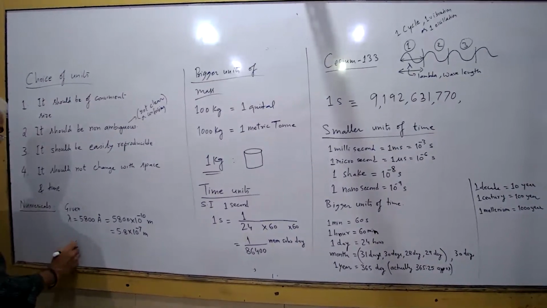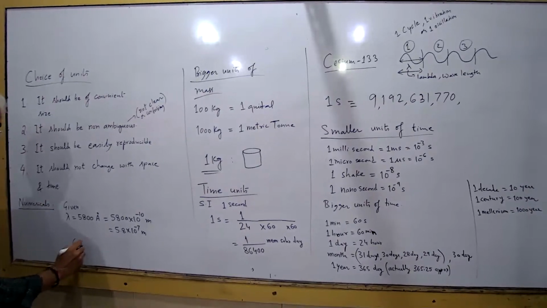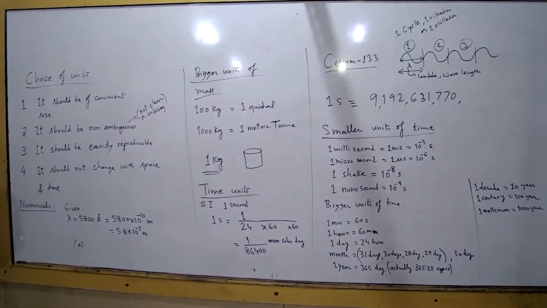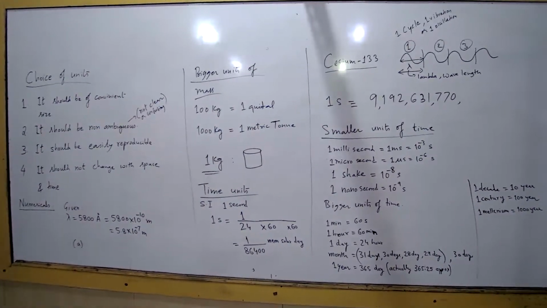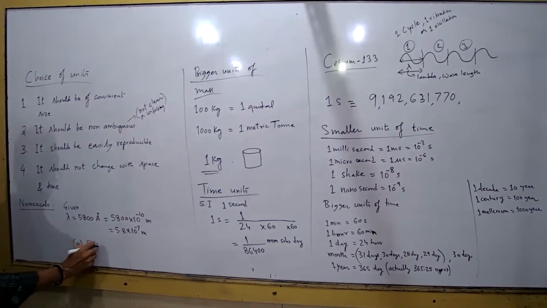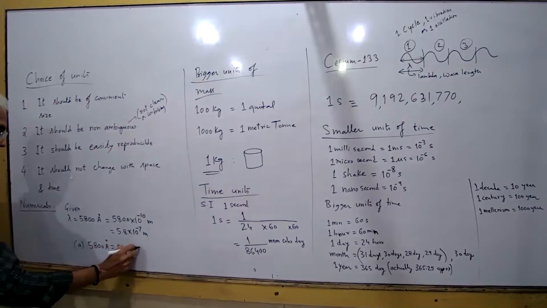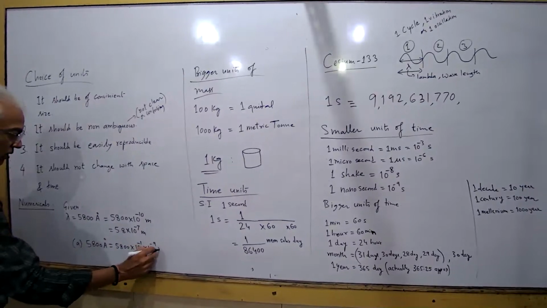Okay. So in part A, you have to express it as nanometer. So what is a nanometer? 10 raised to minus 9. So you can just separate it. So since 5800 angstrom is equal to 5800 into 10 raised to minus 1 into 10 raised to minus 9 meter.